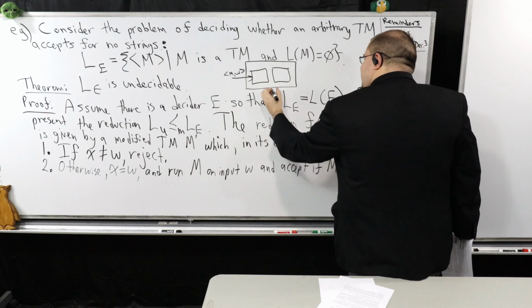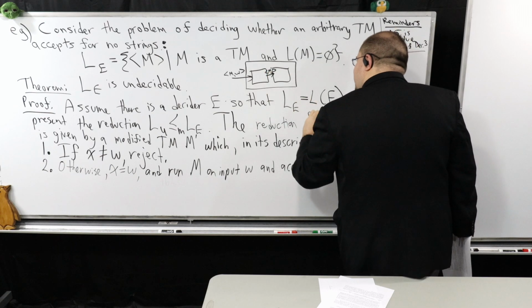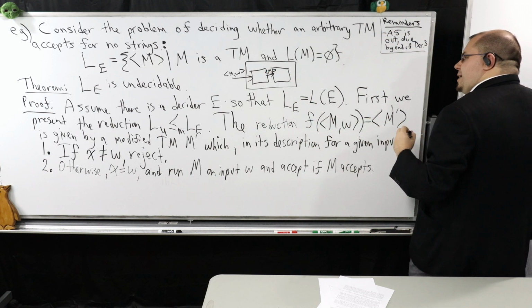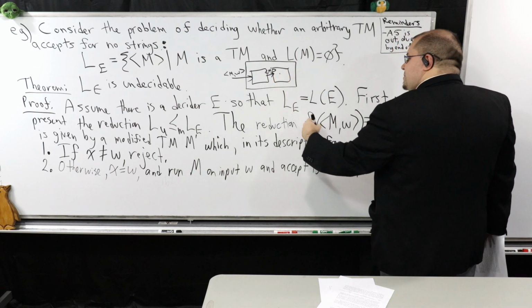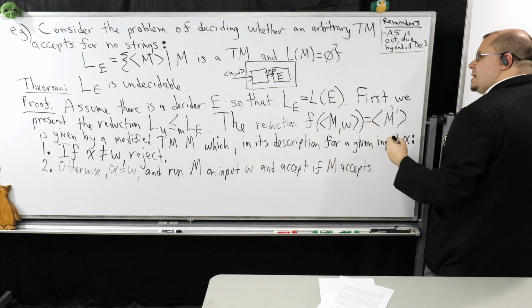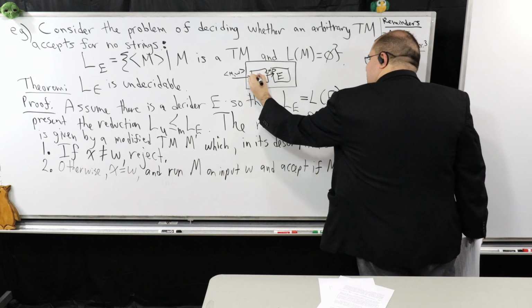What I would like it to do is leave on the tape M prime, a description for a Turing machine M prime. And that's going to be fed to my decider, the decider E that I have right here. So remember, this is what F is.